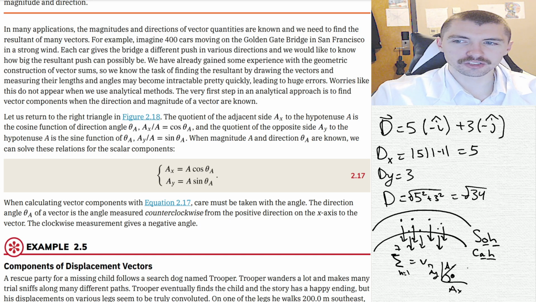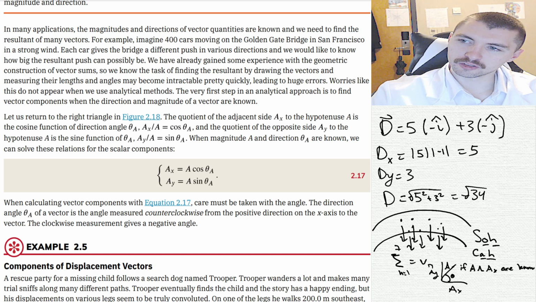If you want to find the adjacent side, so if A and AX are known, then you can do adjacent over hypotenuse.